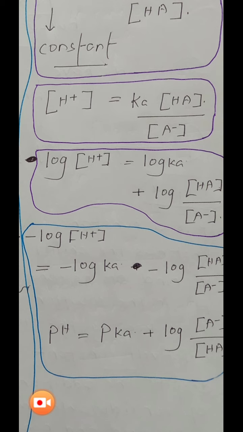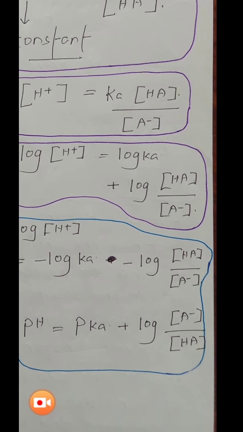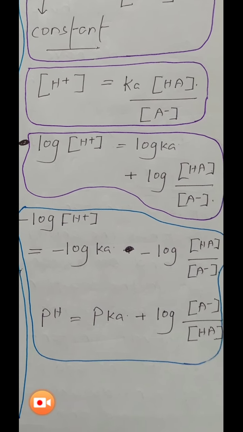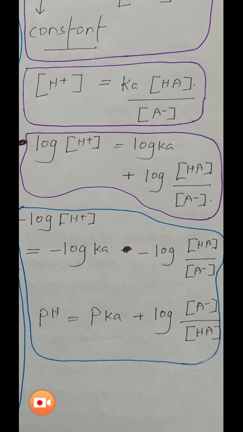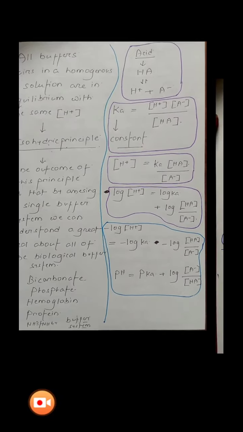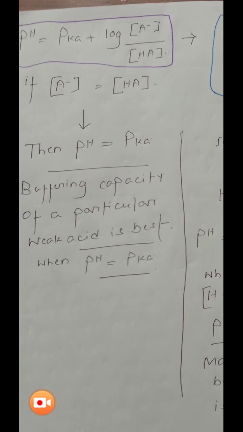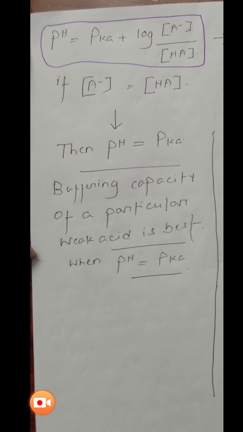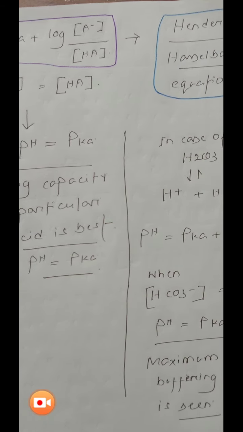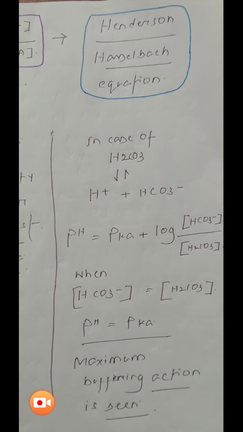So minus log H plus ion concentration equals minus log Ka minus log of HA concentration divided by A minus concentration. Minus log H plus concentration is pH, and minus log Ka is pKa, plus log A minus divided by HA concentration. So it is simple mathematics. And this, pH equals pKa plus log A minus by HA concentration, is the Henderson-Hasselbalch equation.